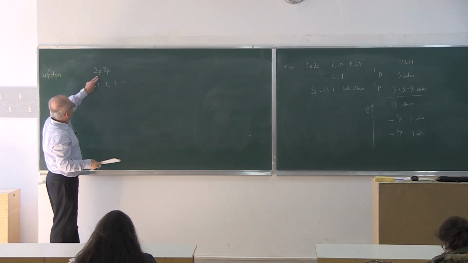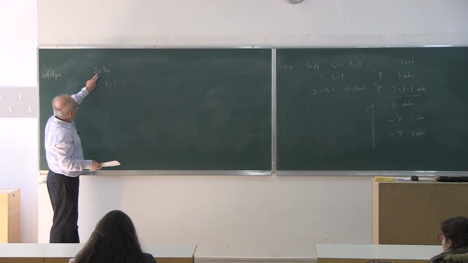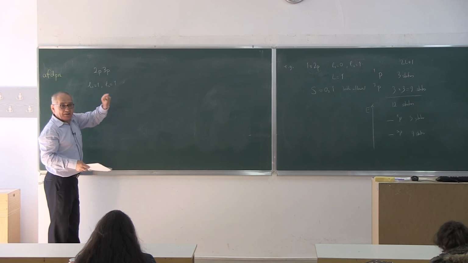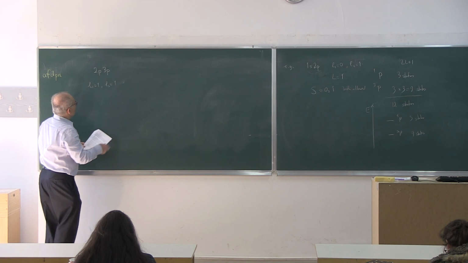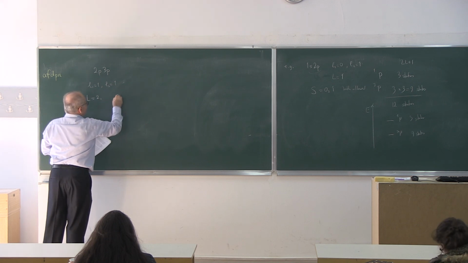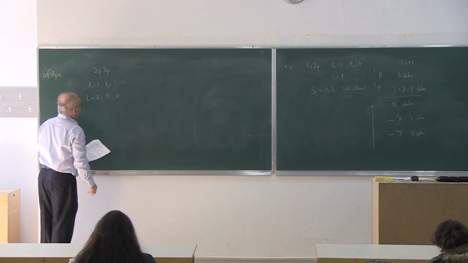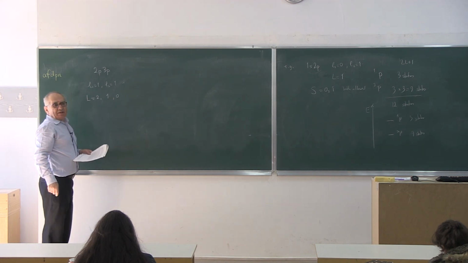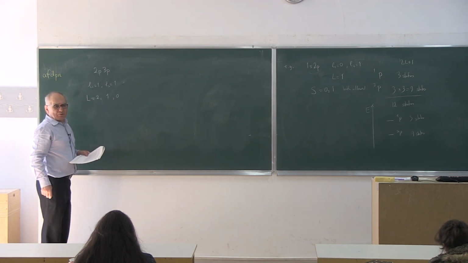But please note that one is 2p, the other is 3p. So different subshells. What is the maximum? 1 plus 1. And minimum is 0. There is also 1 here. So these are the possibilities for total L quantum numbers.